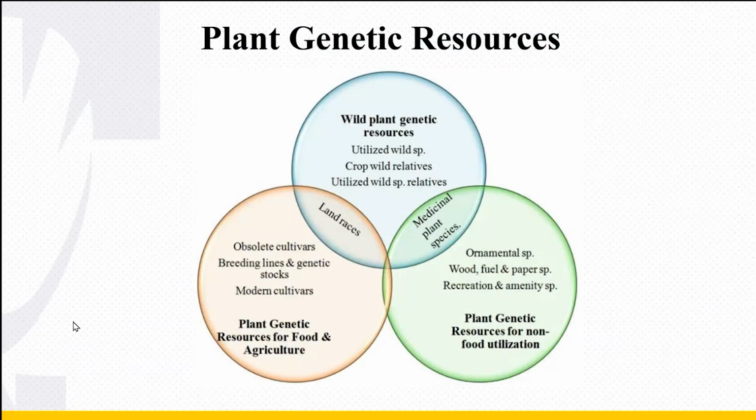So these plant genetic resources have one of these Venn diagrams where we have our land races, and these are different cultivars or breeding lines, maybe even some modern cultivars that we're using so that we can at least meet the needs of our current situation without ruining our future situation. For some of these other plants, we have these plant genetic resources for non-food utilization. We still need these ornamentals.